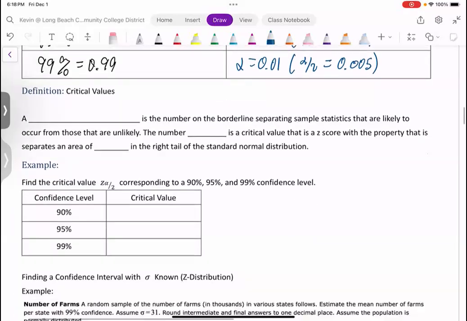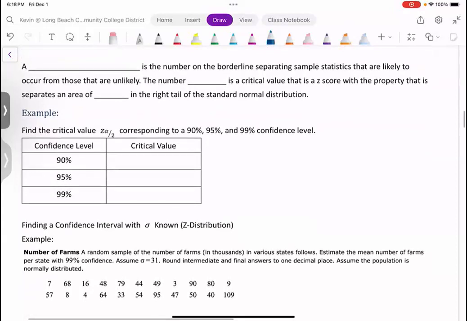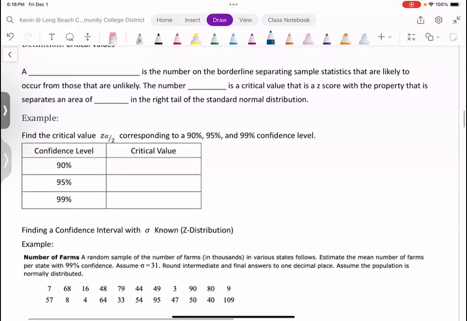All right, let's move on to our critical value. A critical value is a number on the borderline separating sample statistics that are likely to occur from those that are unlikely.